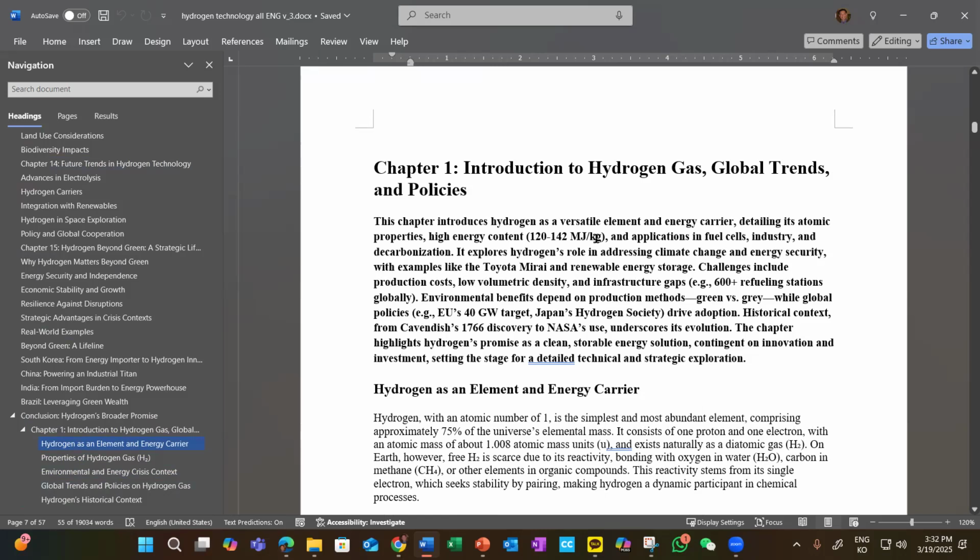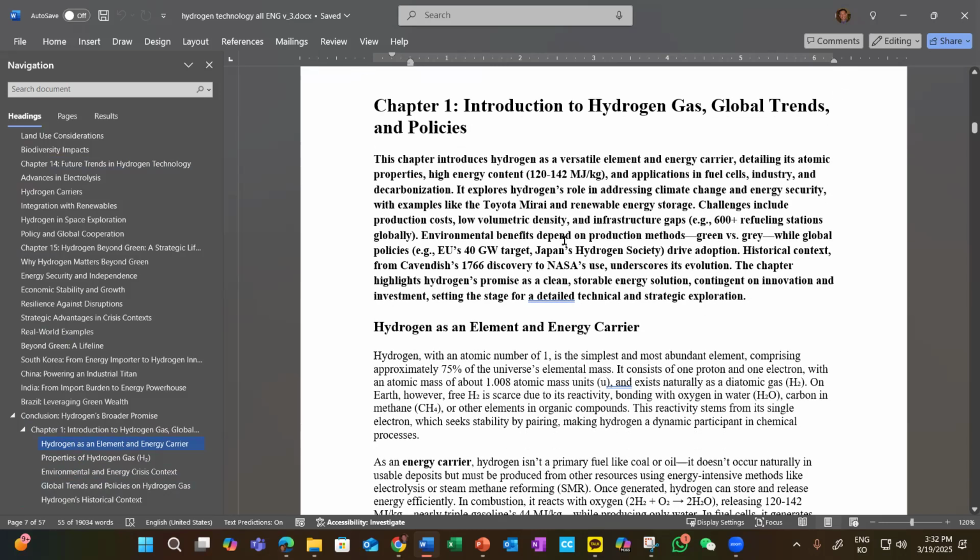This is the important number we need to remember. In other words, 1 kilogram of hydrogen contains 120 megajoules. Well, megajoule is kind of difficult to understand, but we need to get used to this number.